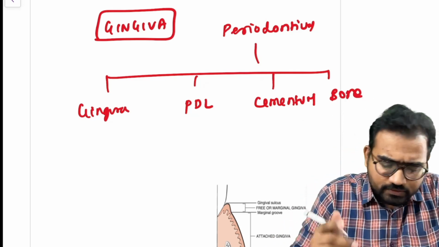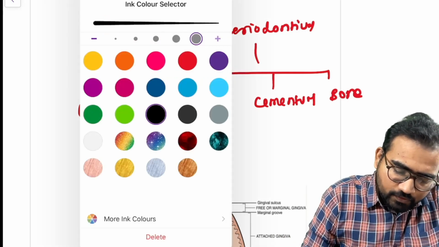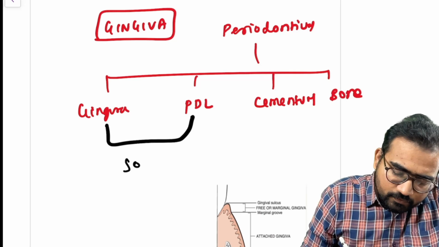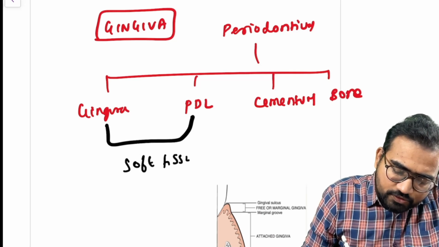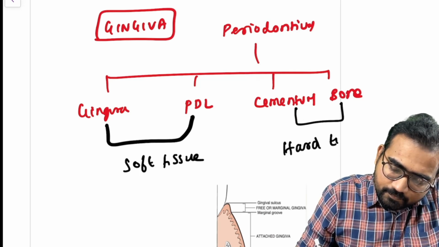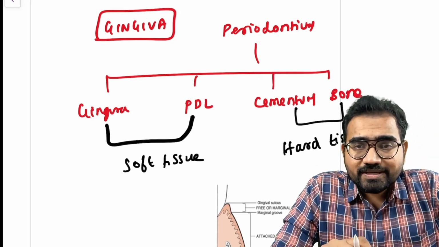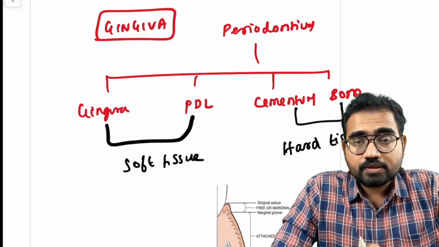What are the soft tissues? Exactly. So these two will be soft tissues, and these two will be hard tissues. So in this class, we are going to take a look at gingiva.